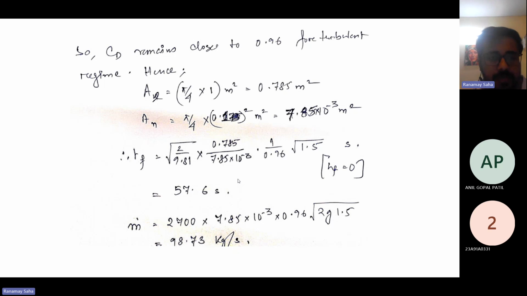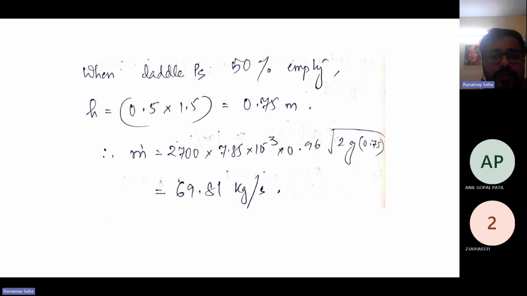So let us proceed with the other case which was asked in this problem, which was to calculate the filling or emptying time as well as the mass flow rate when the ladle shown in the problem was half empty, or say half filled with the molten metal.